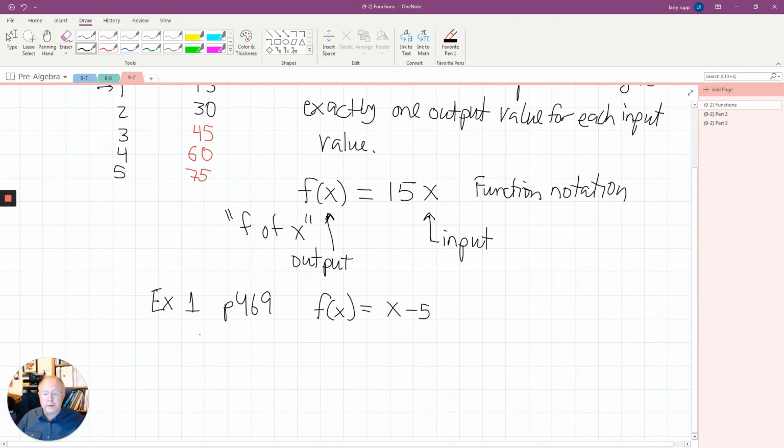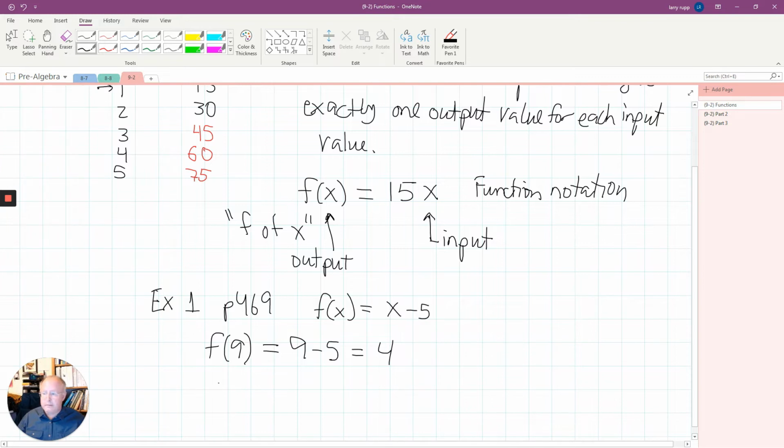And what it wants to know is, what is f of 9? 9 represents the input value of x, so we're going to make 9 appear wherever there's an x. In the original equation, it's x minus 5, so that becomes 9 minus 5. And that's 4. So f of 9 equals 4.